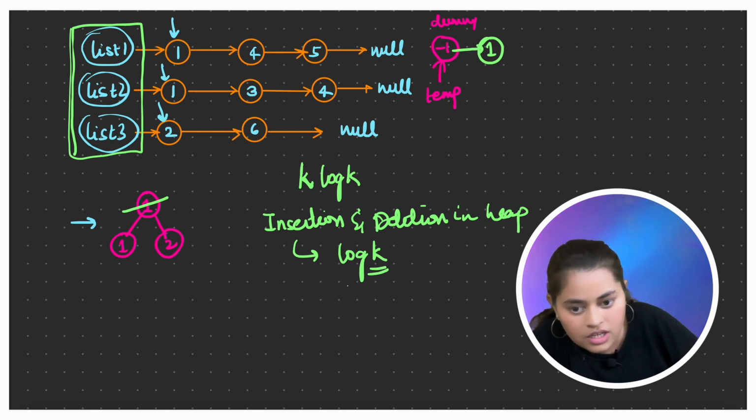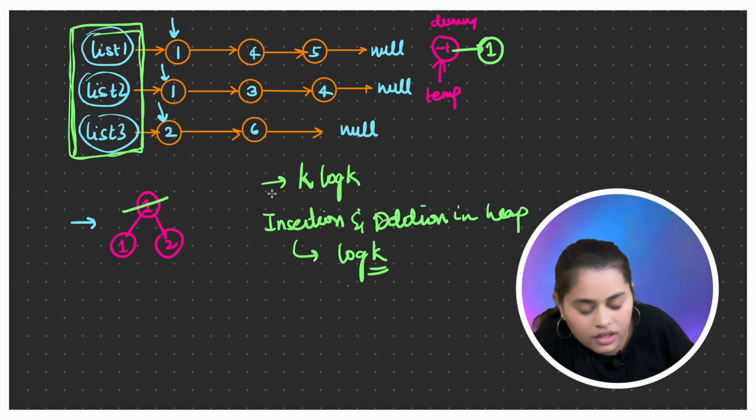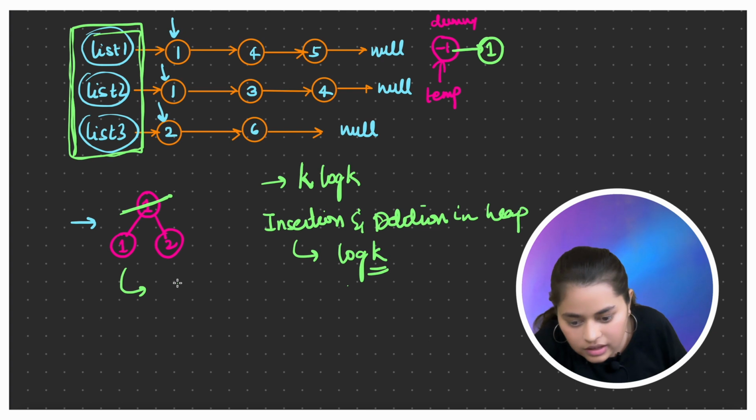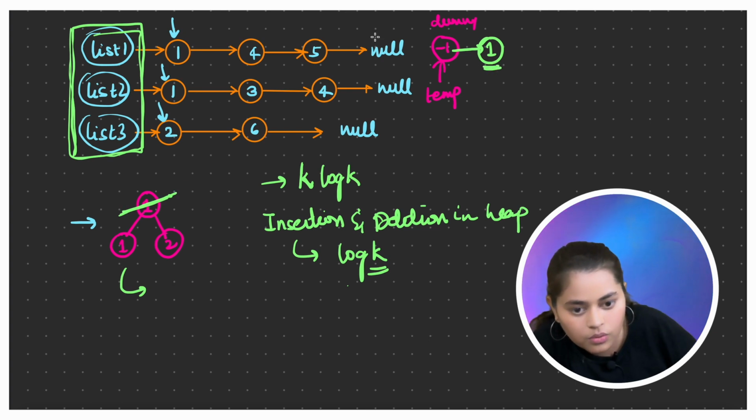Now we have k elements in this array, so we took k log k time for creating this min heap, right? So now we deleted this node and added it to our result, right?